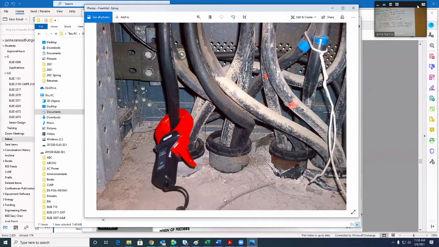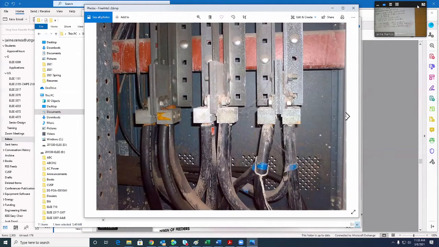Let me see if we can look at a better picture. See, apparently there are four conductors per phase. You see 4 conductors here? Yes. With orange? Yeah. And then on blue, there are 4 conductors per phase.